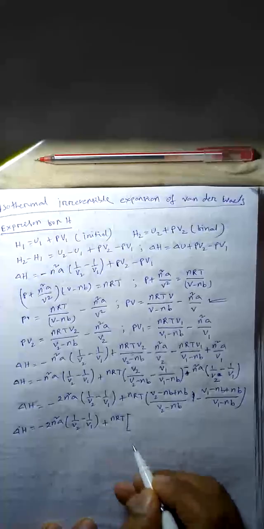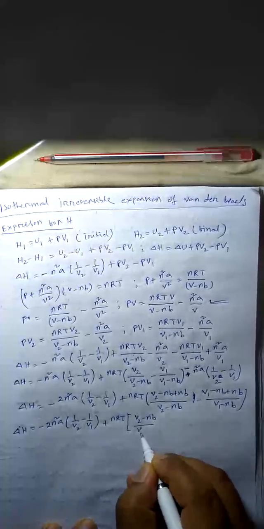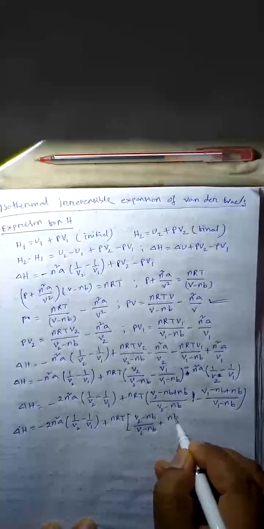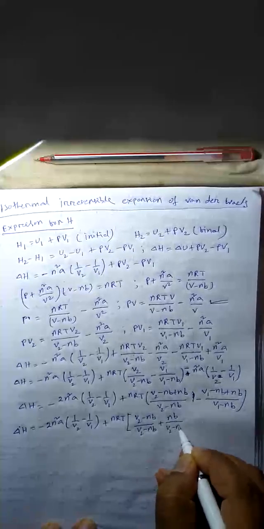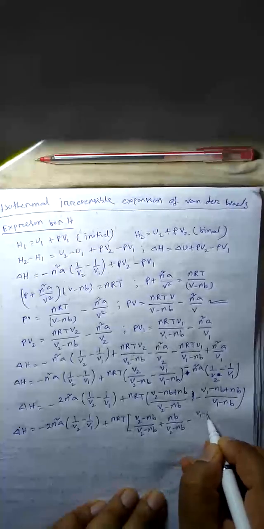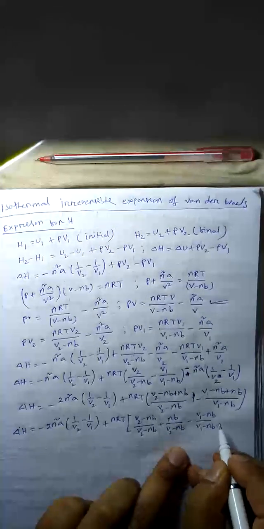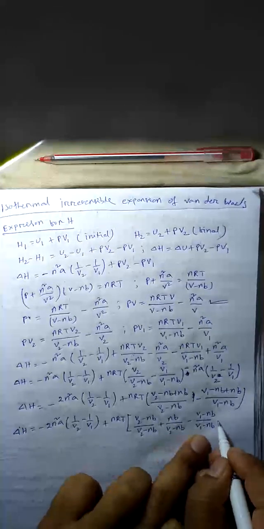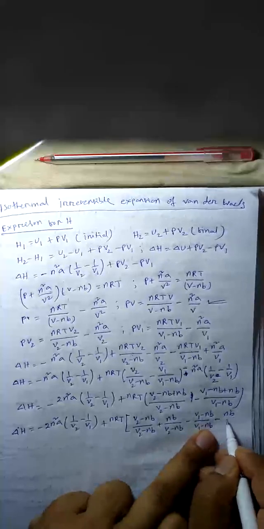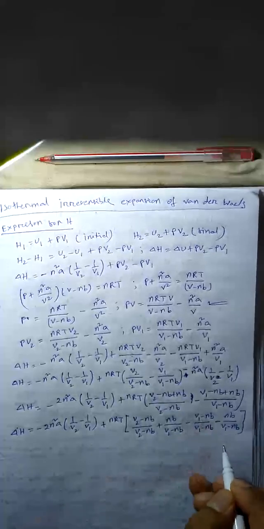I make a square bracket here: (V2 minus nb) divided by (V2 minus nb), plus nb divided by (V2 minus nb), then minus (V1 minus nb) divided by (V1 minus nb), then I put minus because minus minus will be plus, nb divided by (V1 minus nb), bracket end.